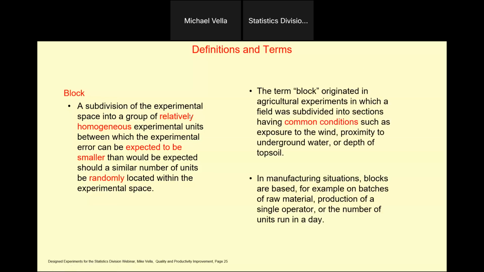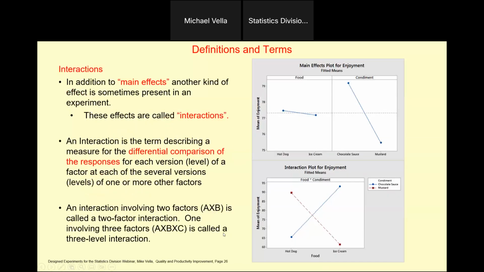The term block originated in agricultural experiments in which a field was subdivided into sections having common conditions such as exposure to wind, proximity of underground water, or depth of topsoil. In manufacturing situations, blocks are based, for example, on batches of raw material, production of a single operator, or the number of units in a day. What we're trying to do here is reduce the amount of extraneous variation.